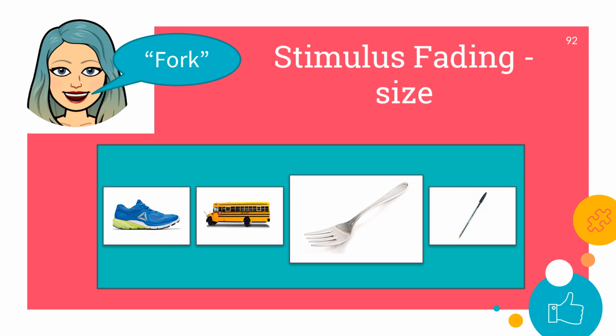The size of the target card would systematically get smaller as correct responses were made until all cards were the same size. Again, you wouldn't want to teach fork in isolation, but rotate between all of the stimuli in the array.